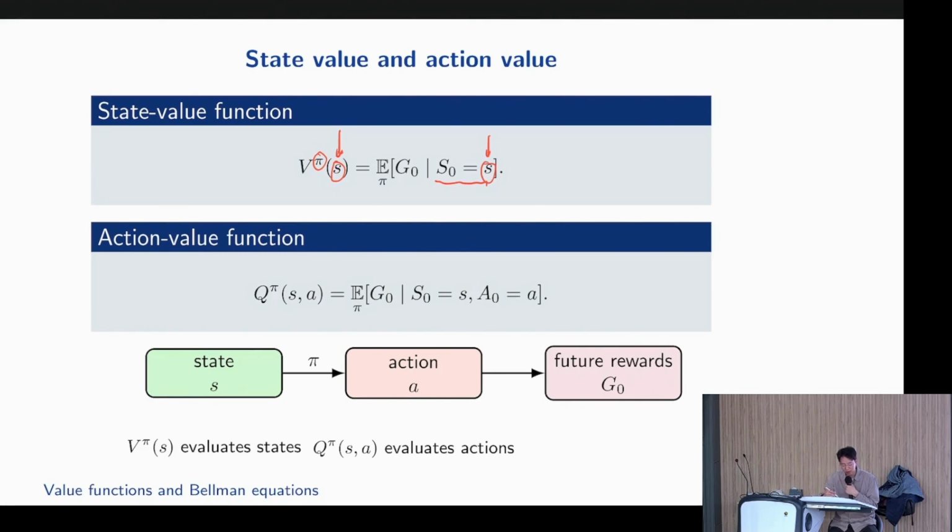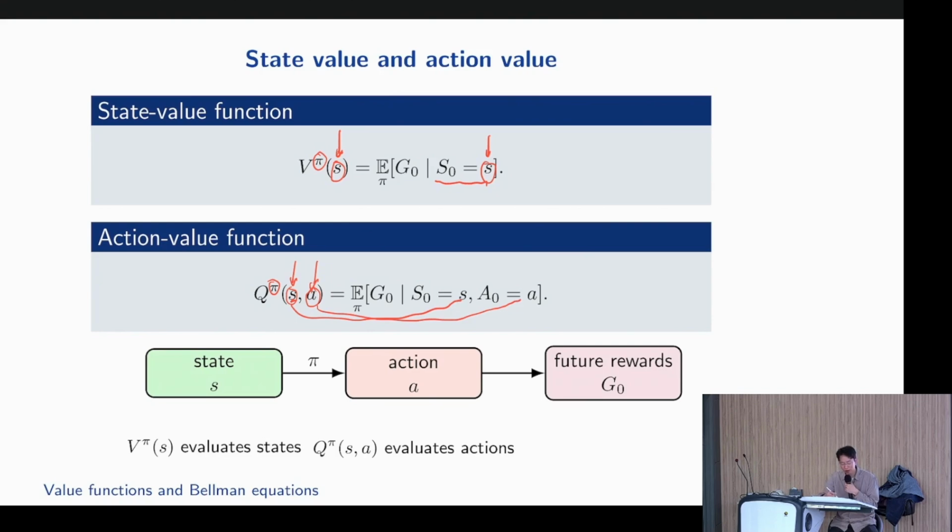Action value function, okay, it's set in stone. You start from state S, and it's also set in stone that you are going to commit to executing action A for this specific state. So you're in some state S, and you're going to execute action A, and then following the policy, what is the expected return? So you're conditioning on not only the state, but also a specific action for this state.